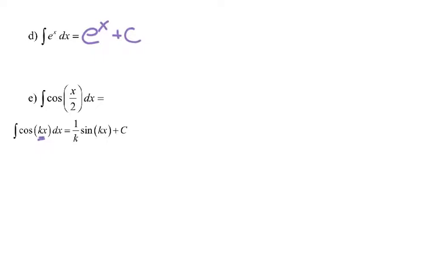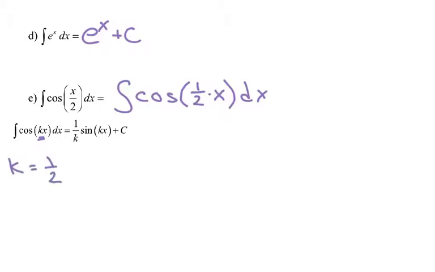Well, what is k in this case? It's not easy to see at first, at least it's not for me. But this is what we're talking about. k equals 1/2. So this is going to equal, according to my formula, 1 over 1/2 sine of x over 2 plus c.